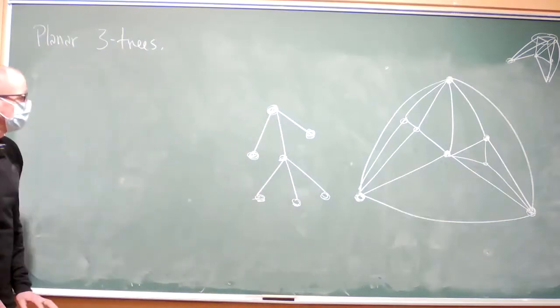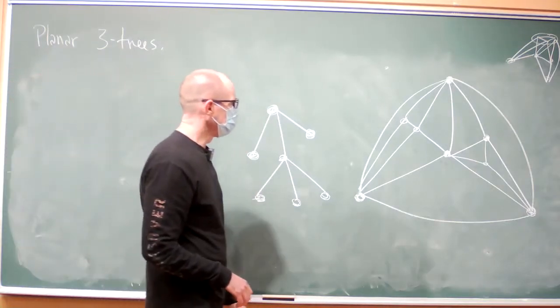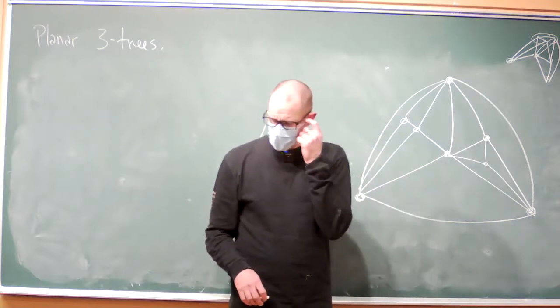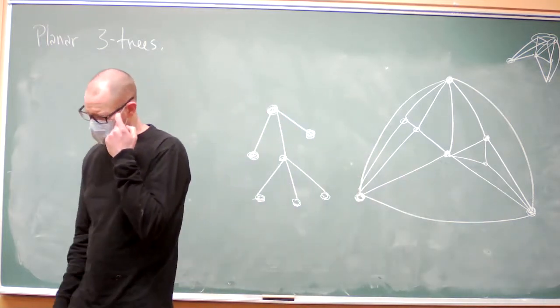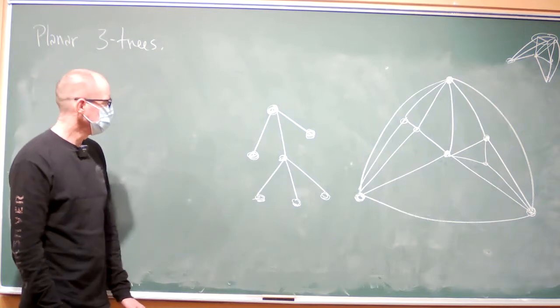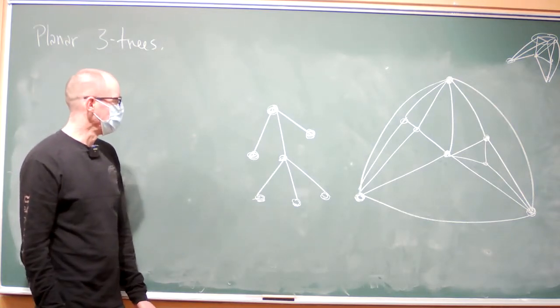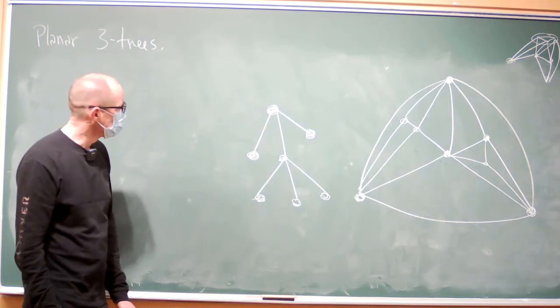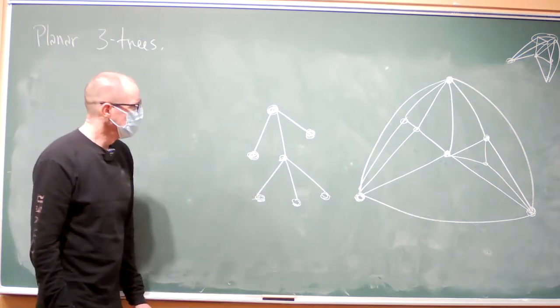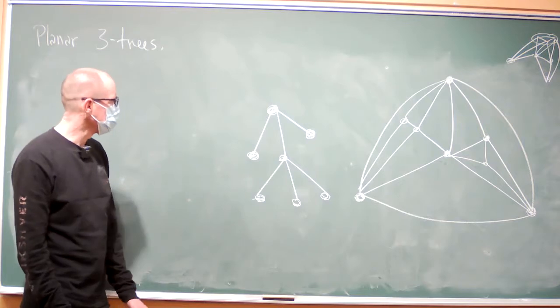So a couple of things. Why do we care about these things? Well, as you might imagine, they have a lot in common with trees in terms of the graph properties that you have of trees. Now, trees have no cycles. This obviously has lots of cycles. In fact, even the simplest ones have cycles.